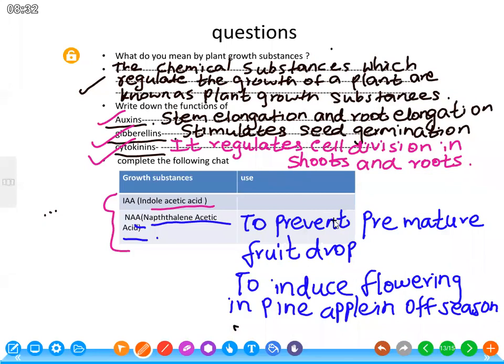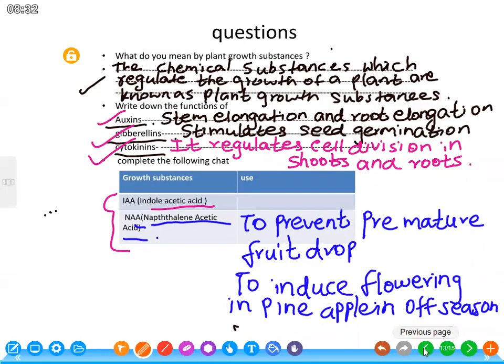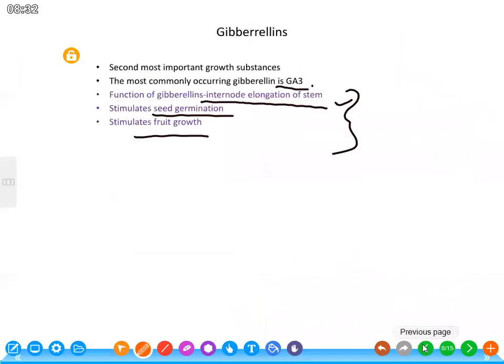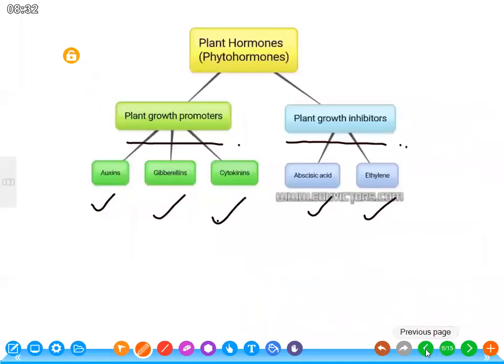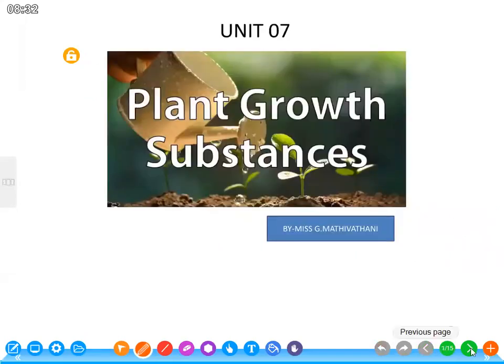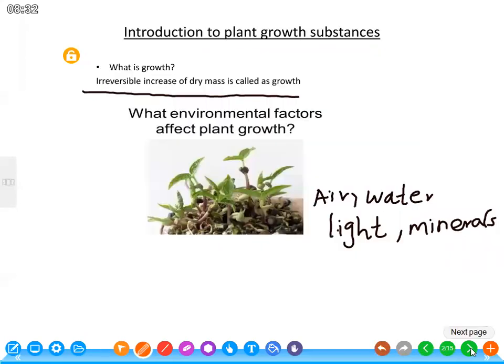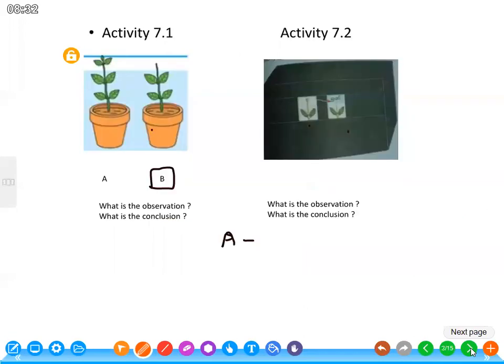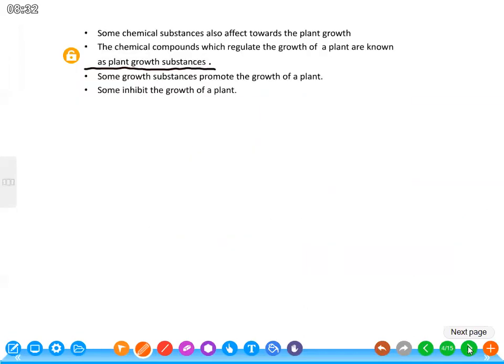So, I think this is a summary. The summary of this lesson: you know about growth and some environmental factors that affect plant growth. The chemical compounds which regulate the growth of a plant are known as plant growth substances.